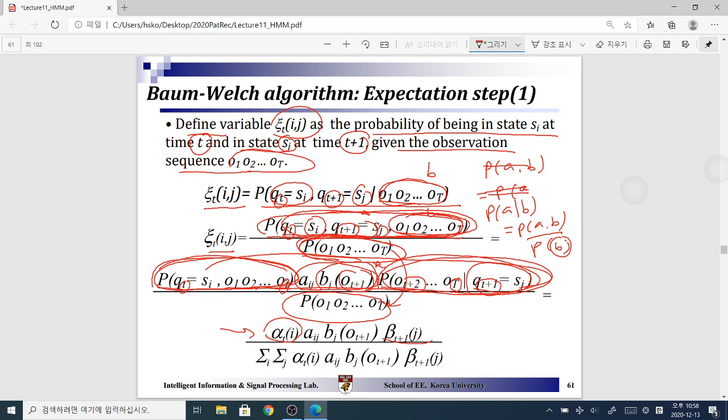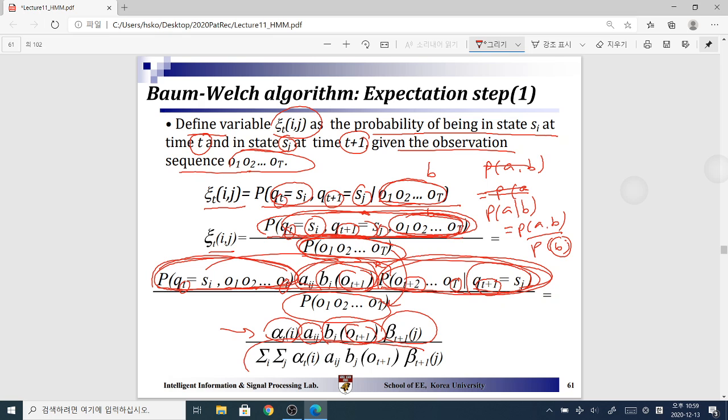The last term is beta sub t plus 1 of j, which is the backward algorithm. And then we have in between a sub ij, the transition probability, as well as the emission probability at state j with the observation at t plus 1.